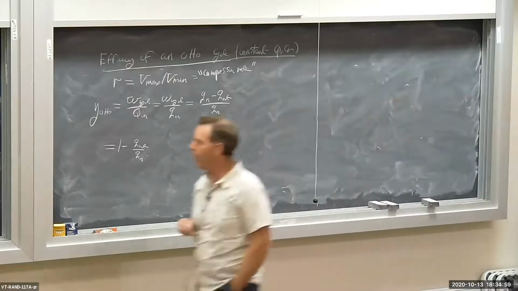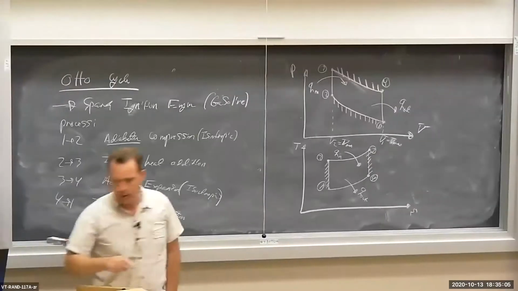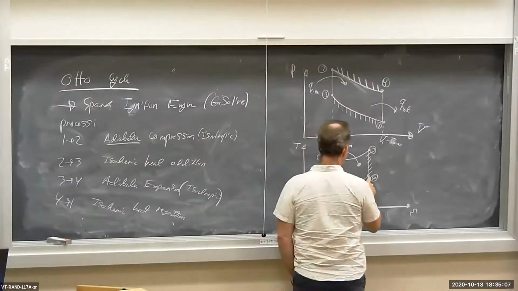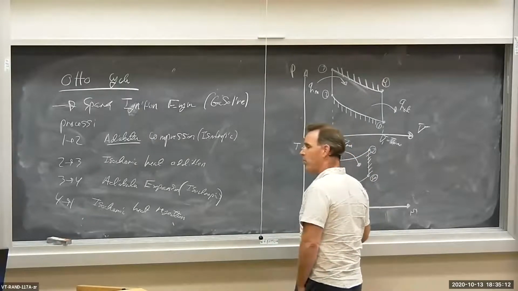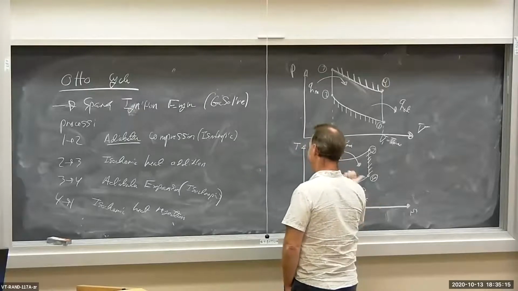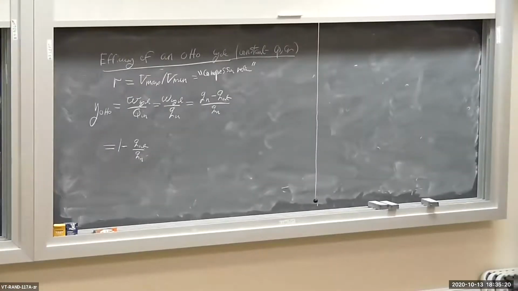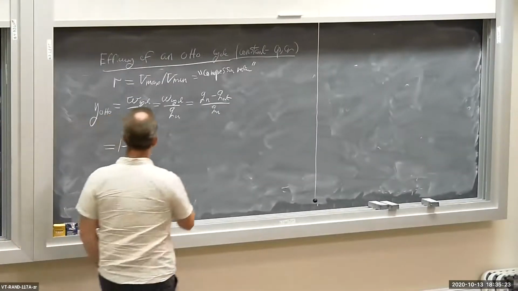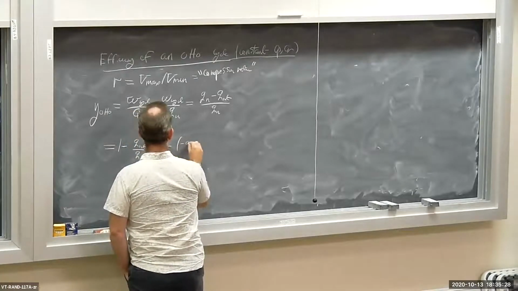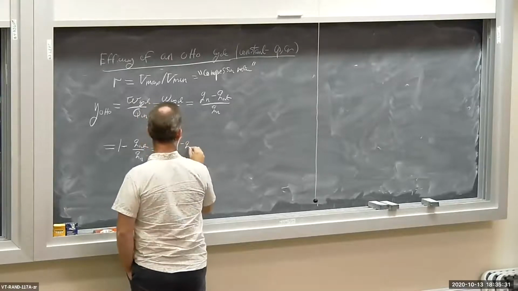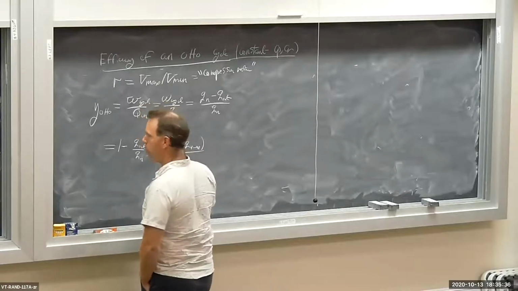Let's see here. So let's have a look at our PV and our TS diagrams. Q out occurs from state 4 to 1, and Q in occurs from state 2 to 3. Q out, by the way, is out positive, and Q in is in positive. So we have to worry a little bit about the signs here. So the efficiency is 1 minus the quantity, minus Q 4 to 1, over Q in, which is Q 2 to 3.